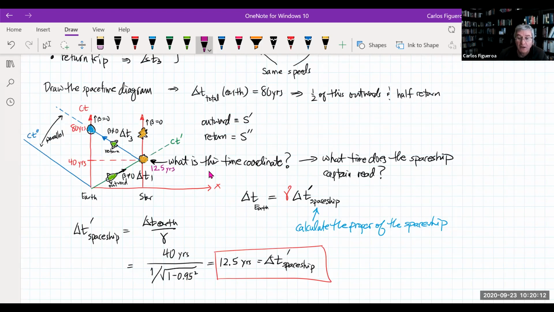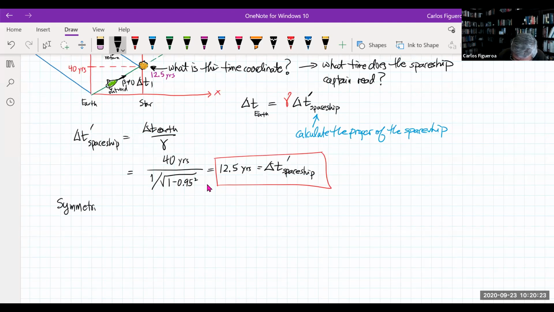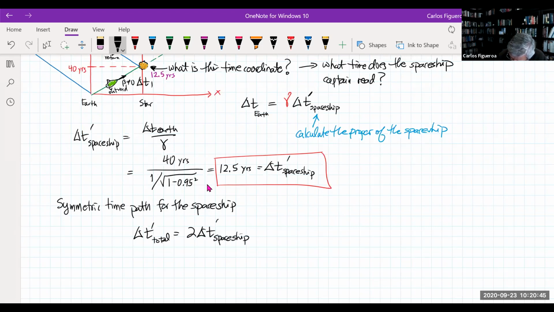So according to the spaceship, assuming that they're truly symmetric, a symmetric time path for the spaceship should then be that the total time should be twice that of the spaceship just going one leg of the trip, which would then be 2 times 12.5, which should be 25 years.